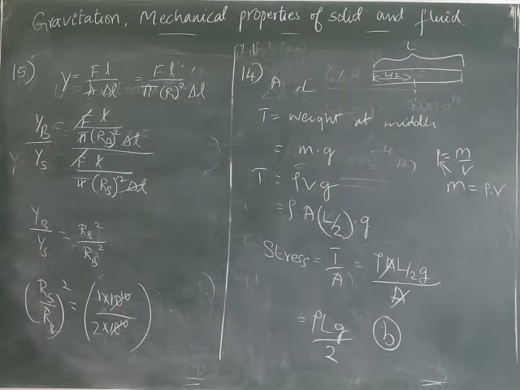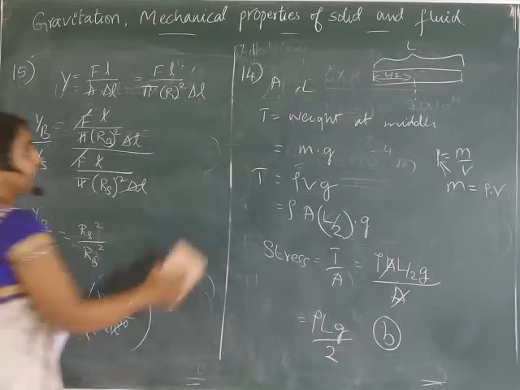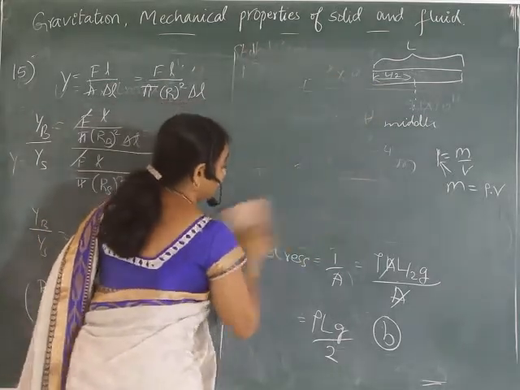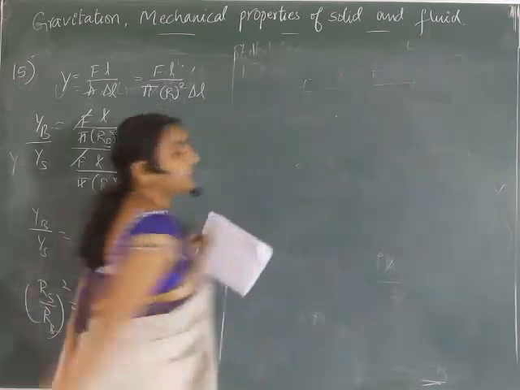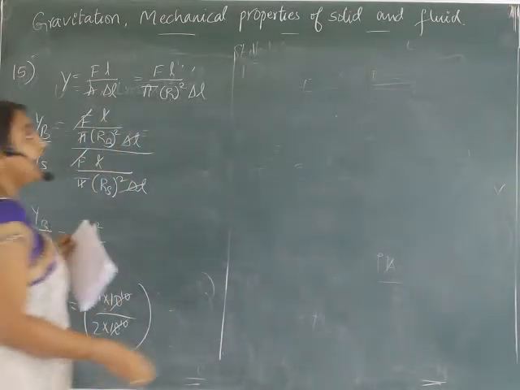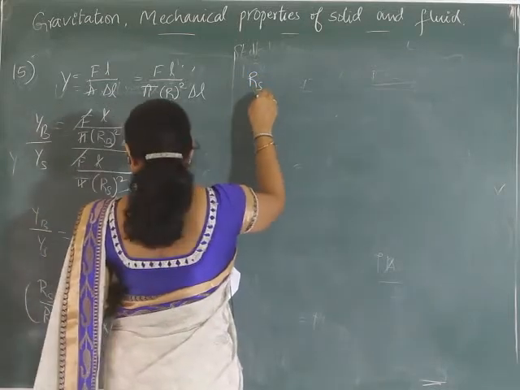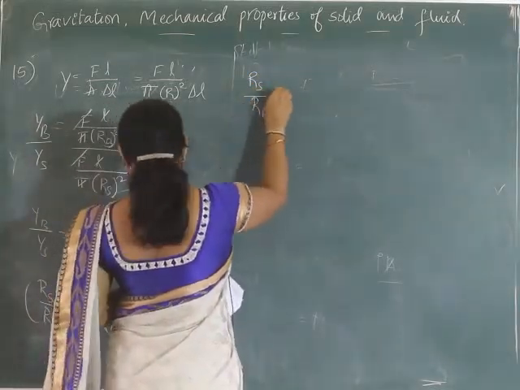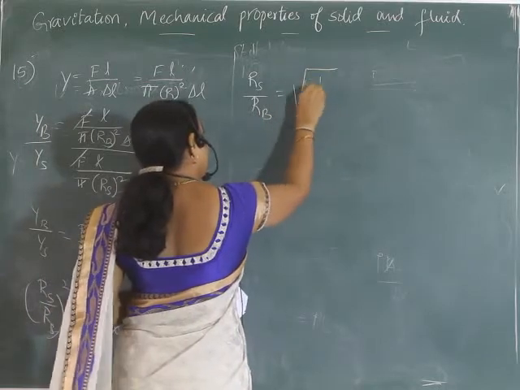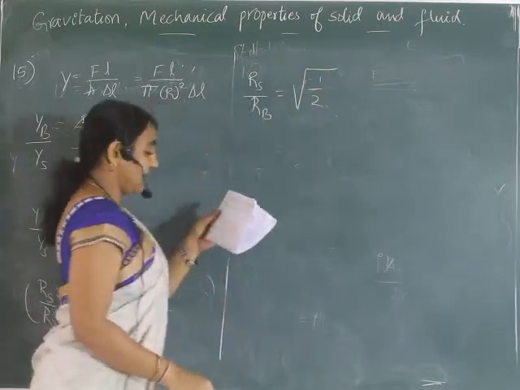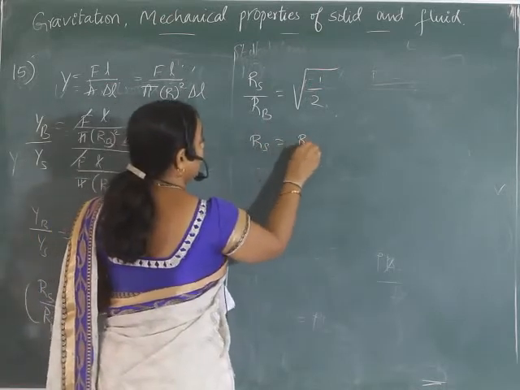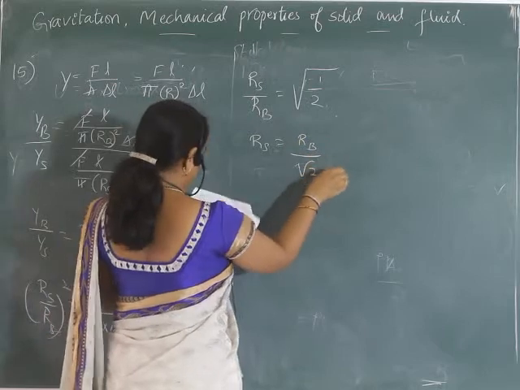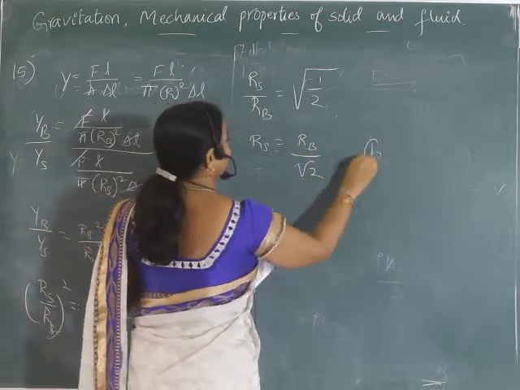So RS by RB the whole square is 1 by 2. Therefore RS by RB is equal to square root of 1 by 2. Then I can say RS is equal to RB divided by root 2. Option B.